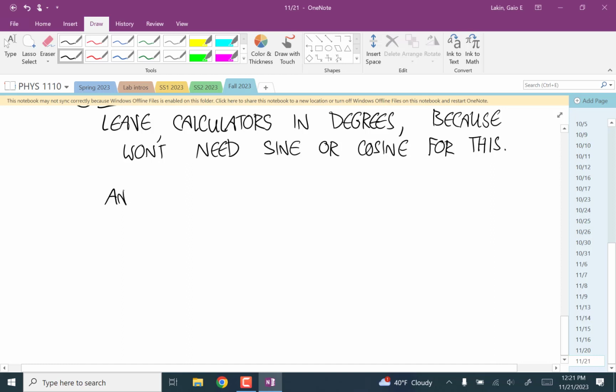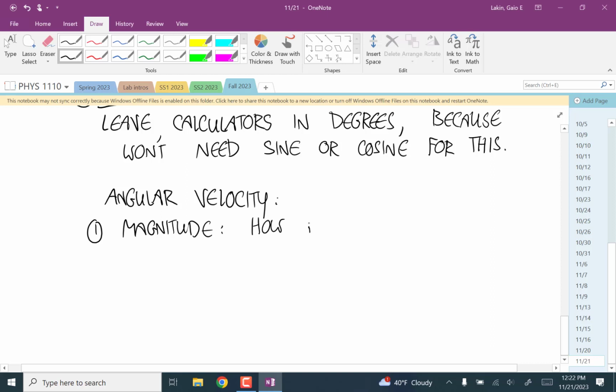So now for the angular velocity, the magnitude is how fast the orientation is changing. And the sign is what is going to give us the direction.